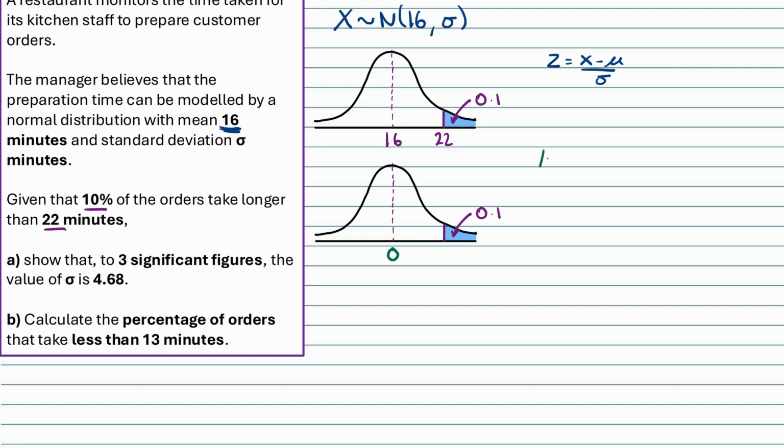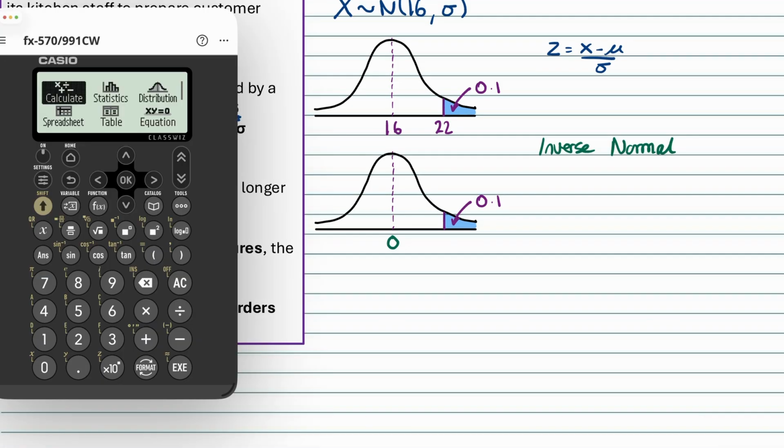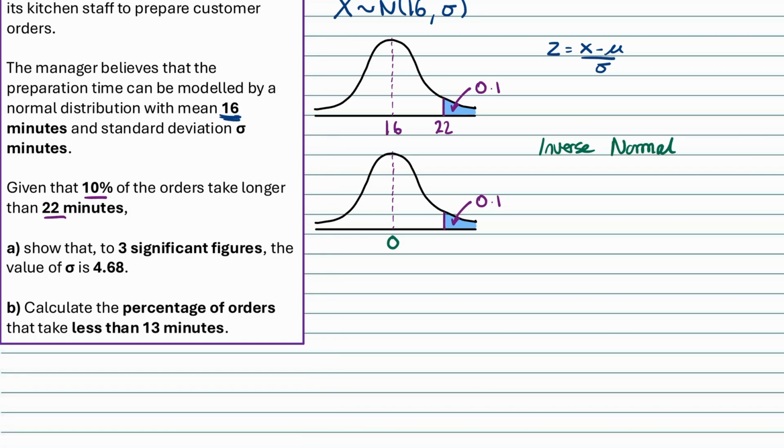So if we use the inverse normal, we'll go to our calculator, then we'll choose distribution. We want to scroll down to inverse normal. Now, because the calculator takes the area from the left, we want this area underneath the curve.